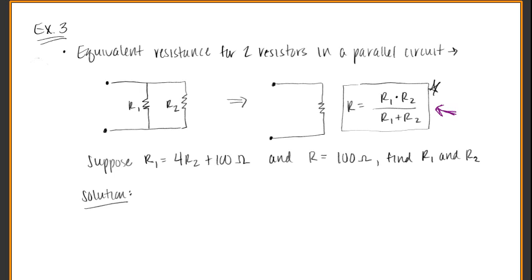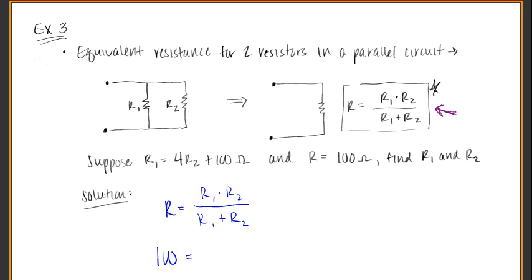Okay, so let's get started with solving this. We've got several variables going on here. We have R, we have R1, we have R2. So how can I solve an equation when I've got 3 different variables? Well, that's why they've given us so much information. They said our initial resistance is 100 ohms.